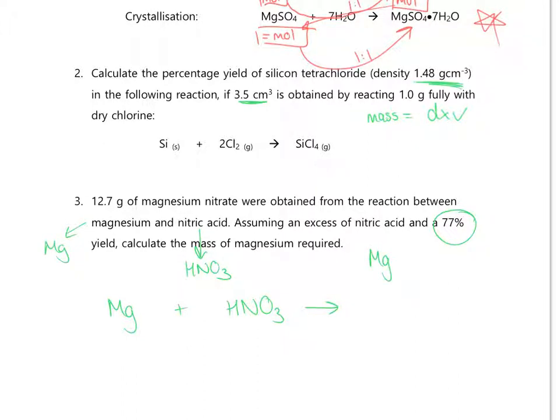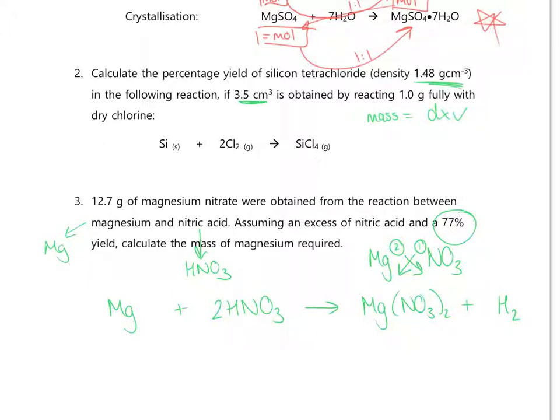Magnesium nitrate is magnesium with a valency of 2. Nitrate is NO3 with a valency of 1. So you actually get Mg(NO3)2. When we react a metal with an acid, we always get hydrogen as our side product. And then to balance the equation, we need to put a 2 in front of our HNO3.